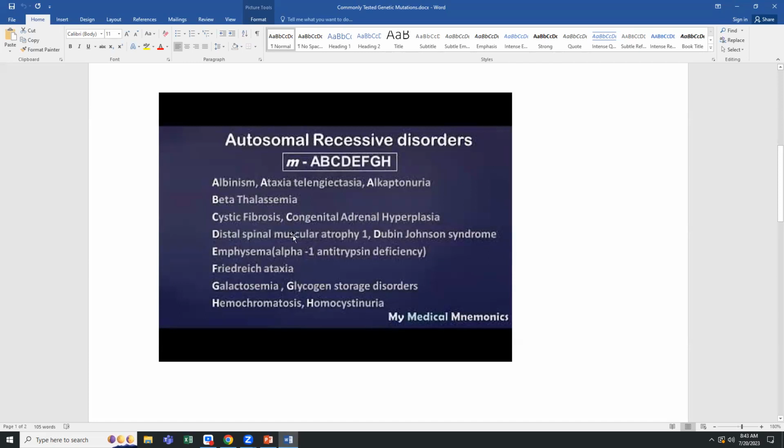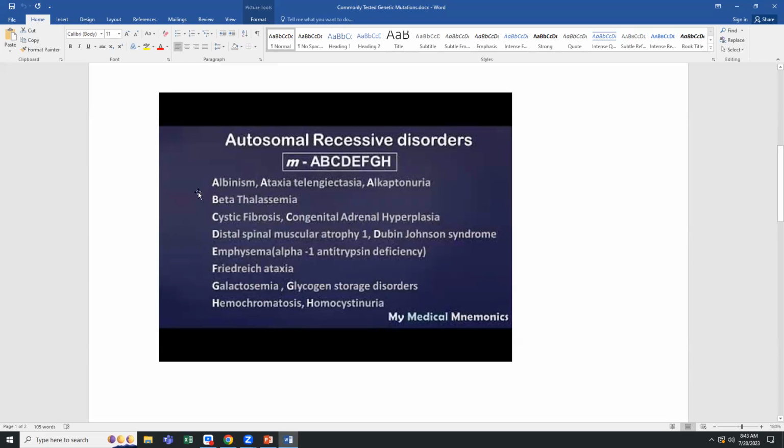Distal spinal muscular atrophy or Dubin-Johnson syndrome. I've never seen Dubin-Johnson tested on, so I would do distal spinal. Emphysema, specifically the alpha-1 antitrypsin deficiency. Friedreich's ataxia, galactosemia or glycogen storage issues, and then hemochromatosis or homocystinuria. I would just know hemochromatosis.